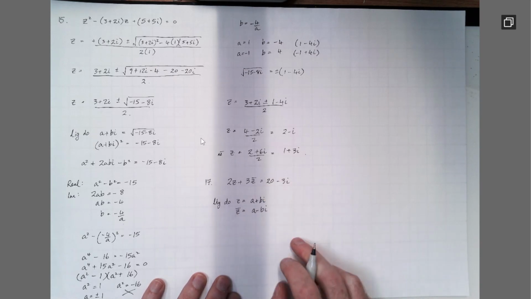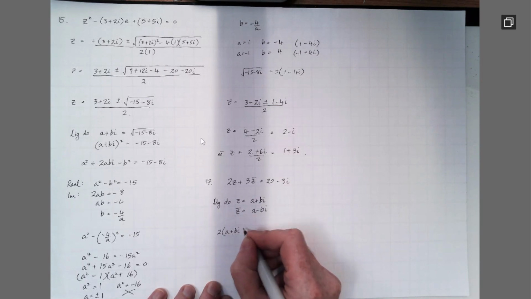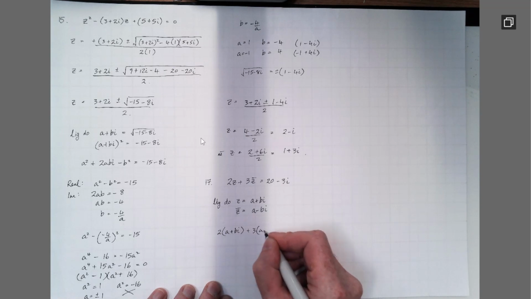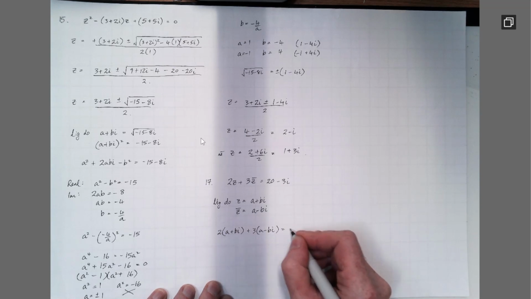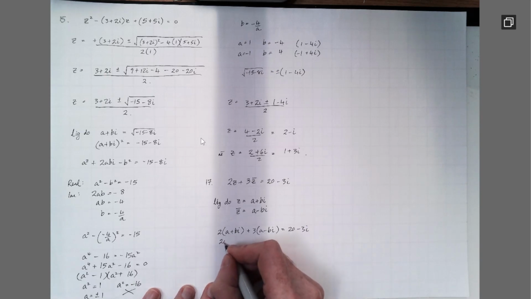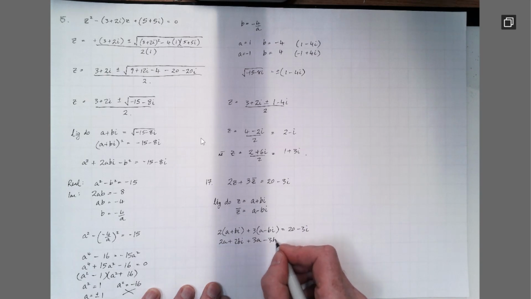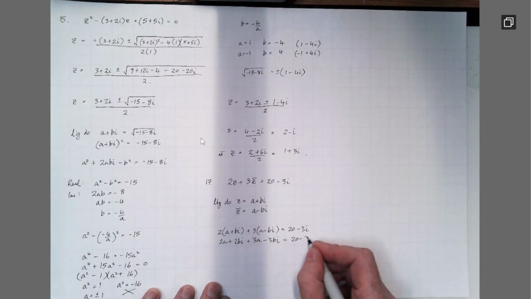So z plus 3 z conjugate: a plus bi plus 3 times a minus bi equals 5 minus 3i. Multiplying out the brackets, a plus bi plus 3a minus 3bi equals 5 minus 3i.